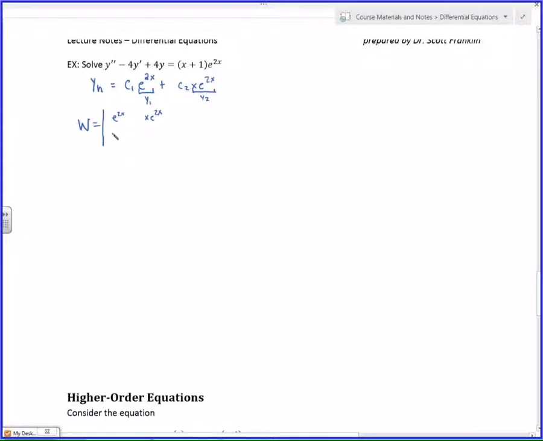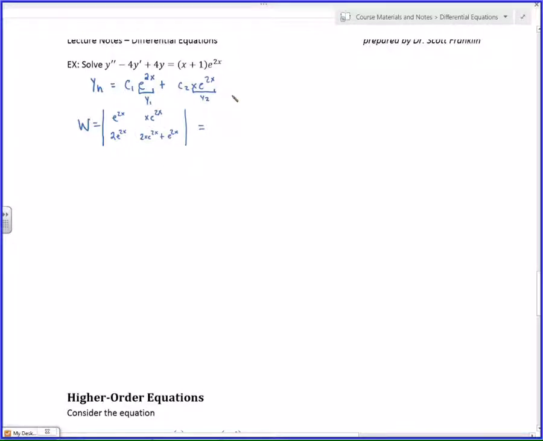Derivative of e to the 2x is 2e to the 2x. Derivative of x e to the 2x is product rule, so 2x e to the 2x plus e to the 2x. Forward diagonal minus back diagonal.